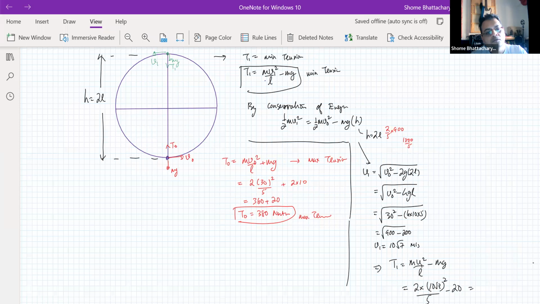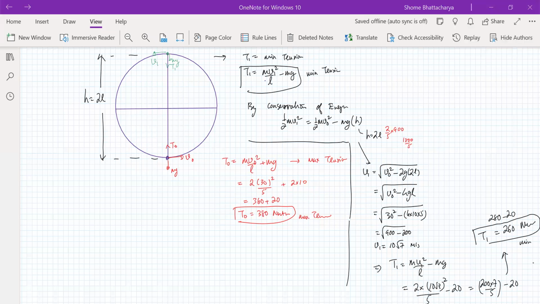So 260 newtons. This will be the tension at the highest point. This is the minimum tension. So hope this is also clear.